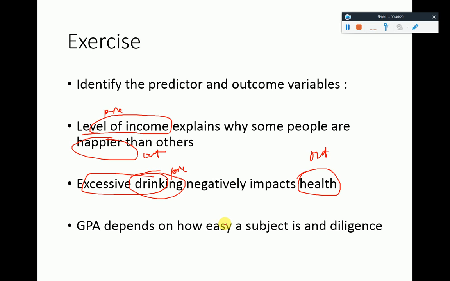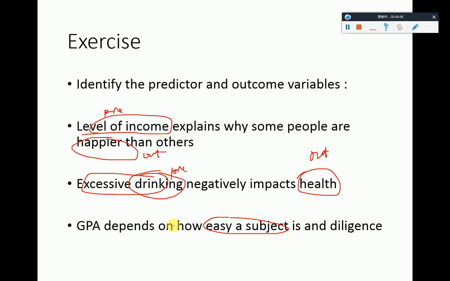That means you cannot simply solve this problem by saying, oh, this word appeared first, so that must be the predictor variable. If you think that way, you're wrong in this case, because this sentence obviously means what explains GPA, or what predicts GPA. It is the easiness of a subject.